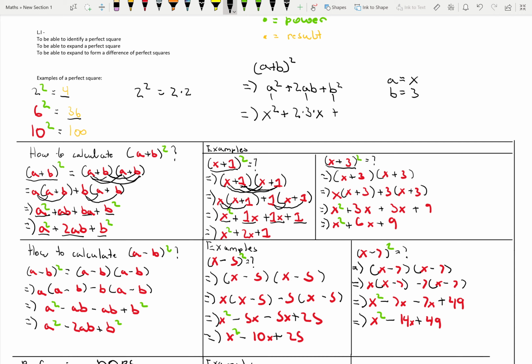And then b squared, so if b is equal to 3 in this situation, then 3 squared just equals 9. Now if we put it all together, it will simply equal x squared plus 6x plus 9.